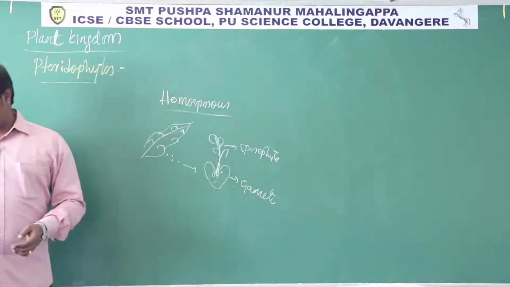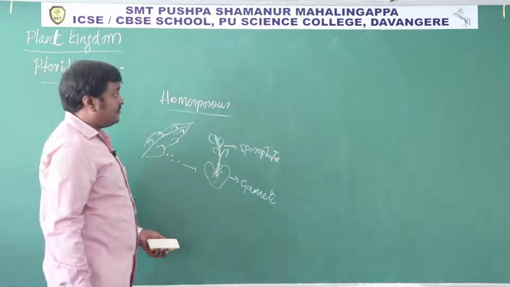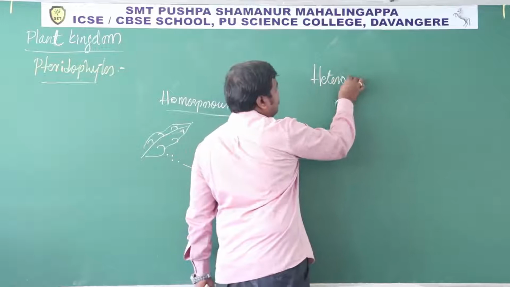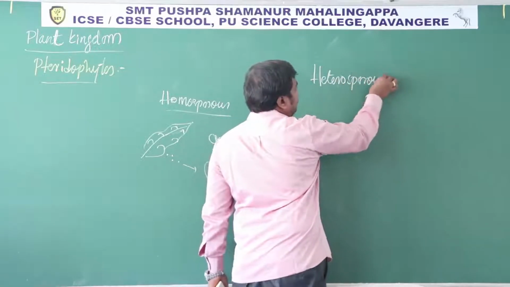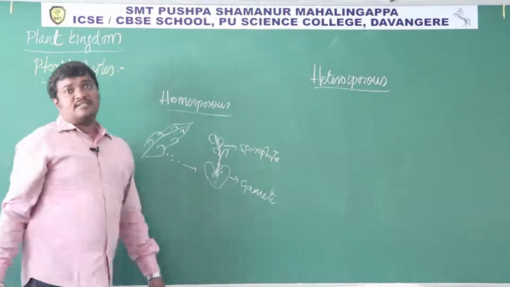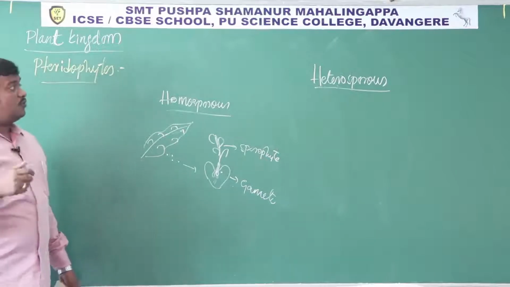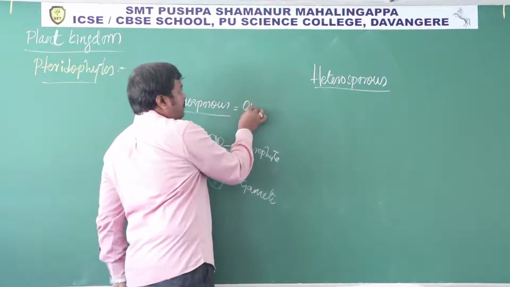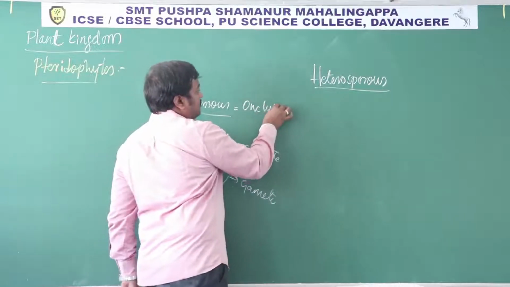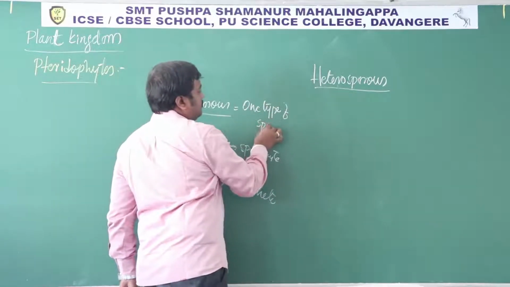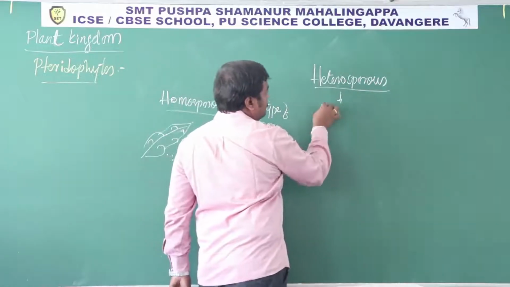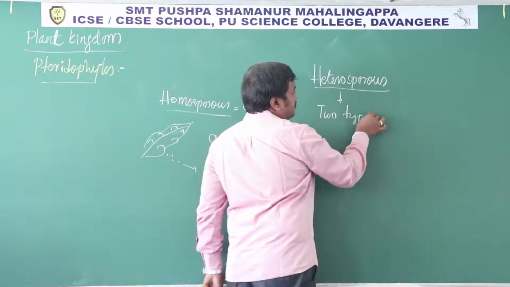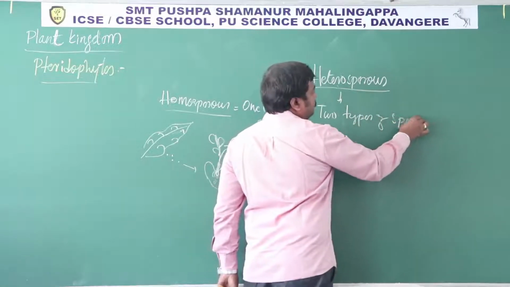But in the case of heterosporous, the thing is slightly different. In the last class itself, we discussed the difference between homosporous and heterosporous. Homosporous produces one type of spore, whereas heterosporous produces two types of spores.